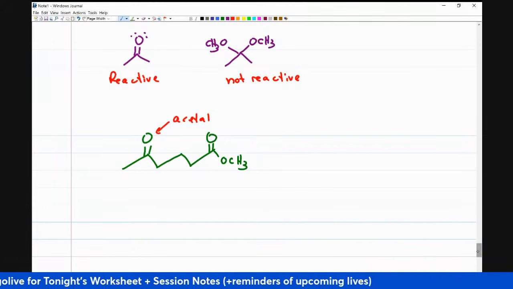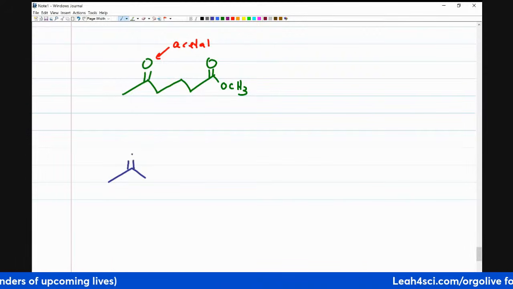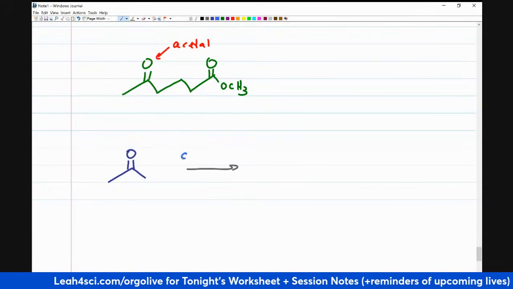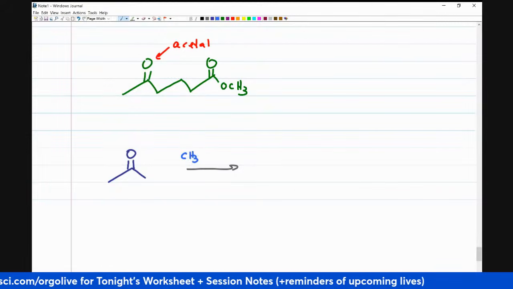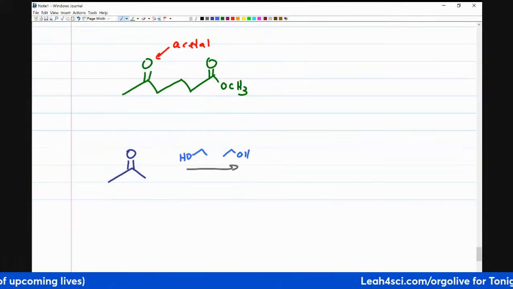Very simple. One of the common protecting groups that you're going to see looks like this. If I have an OR, an alcohol, then it would be, say, CH3, or it would be an alcohol with an R group, and then an R group with an alcohol.